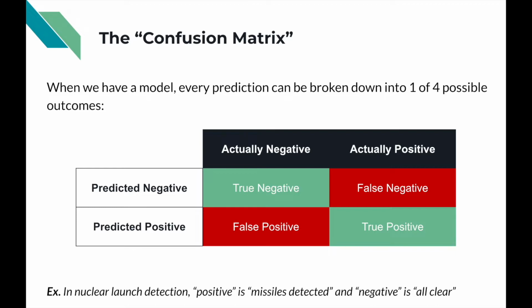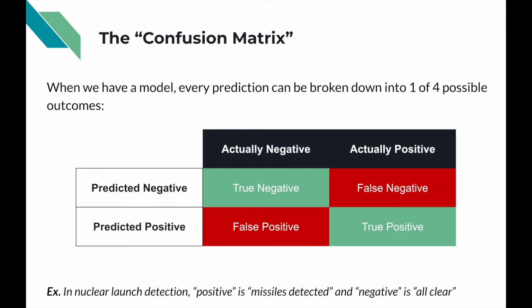For the false negative, we think the event will not occur, but it surprises us and actually does occur. For false positives, we say it's going to happen, it's probably going to be this outcome, but it surprises us and it does not happen. And finally, we have true positive, where we say the event will come to being, and it actually does.